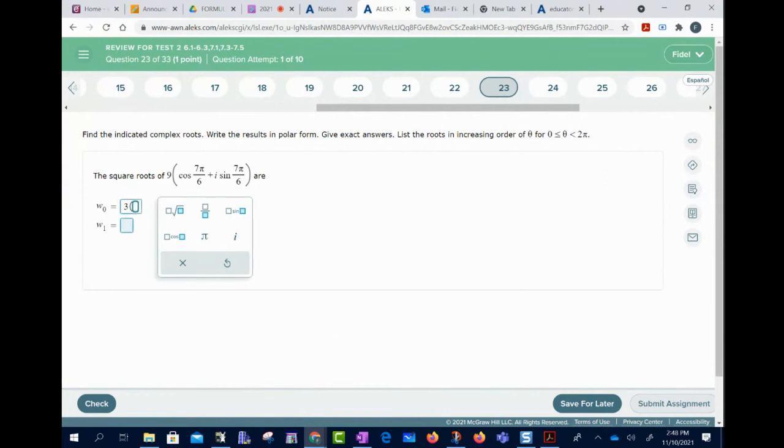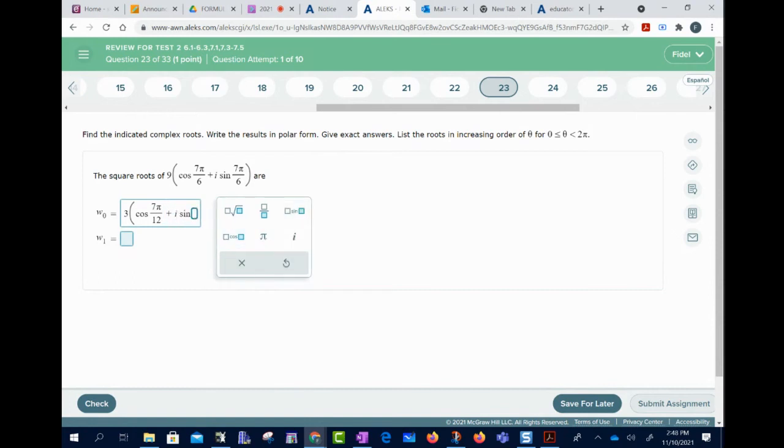Cosine, fraction bar, 7 pi over 12. Plus i sine, fraction bar, 7 pi over 12.